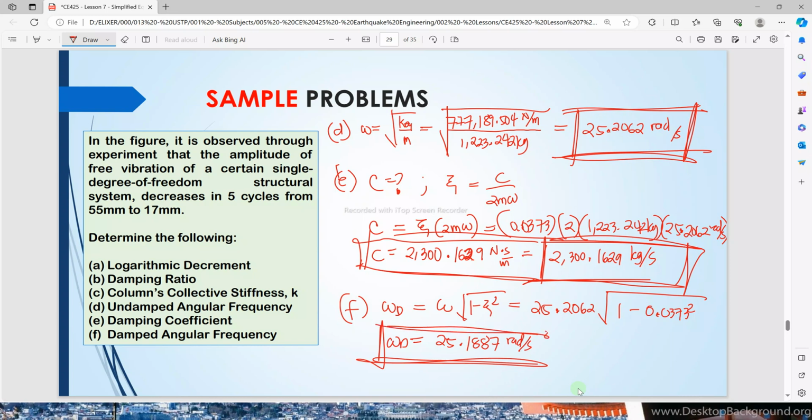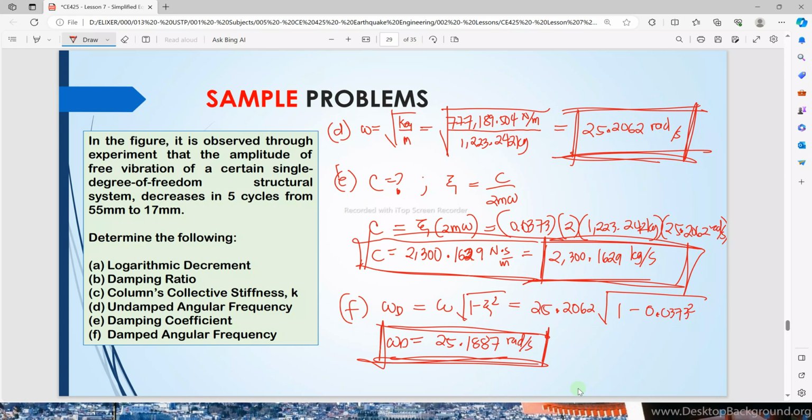So if you notice, the damped angular frequency and the natural angular frequency are almost the same, about 25 radians per second. The difference is only in the decimal places.